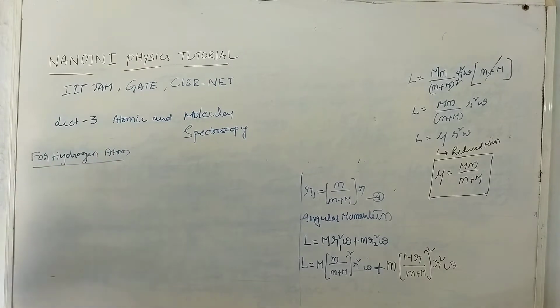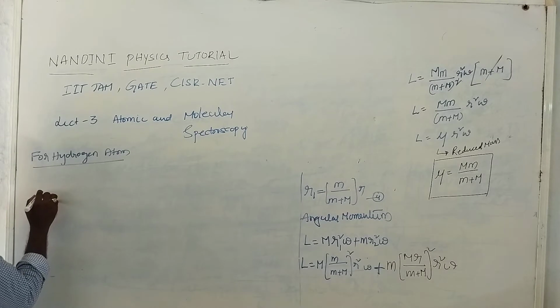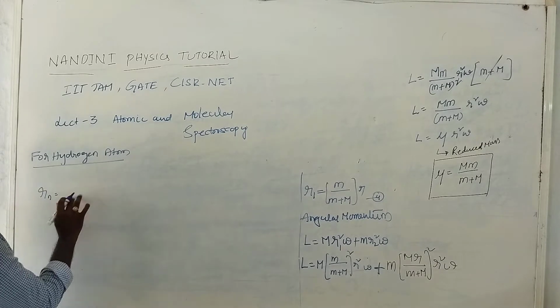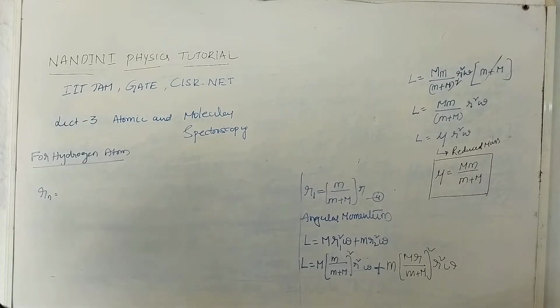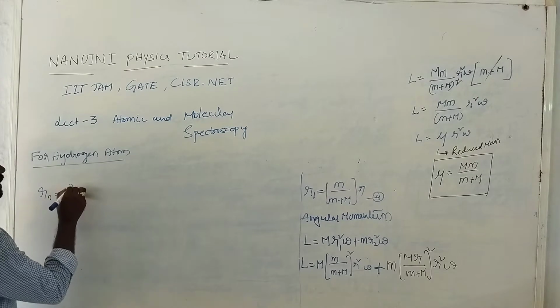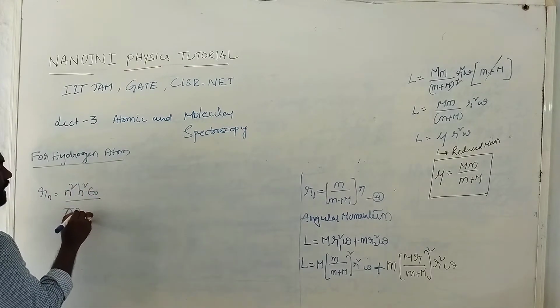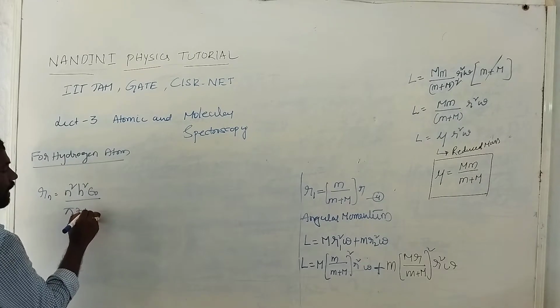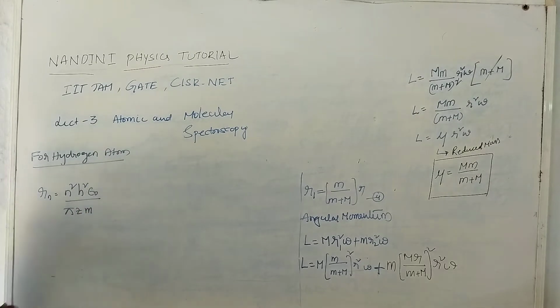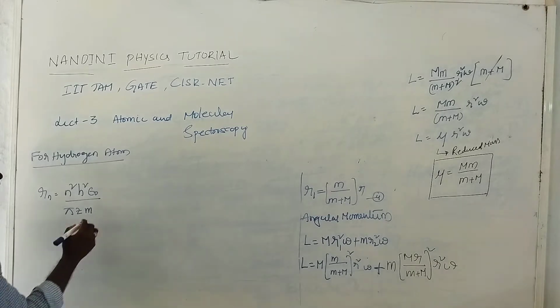I already know the radius value: the radius Rn is equal to n square h square epsilon naught divided by pi z m e square.